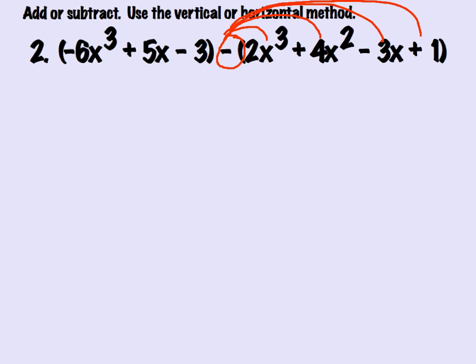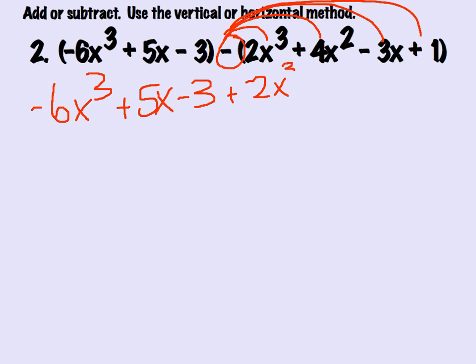So I'm going to rewrite my expression as negative 6x cubed plus 5x minus 3. My first expression isn't going to change, only my second. When I distribute the negative to everything, I'll get plus negative 2x cubed, plus negative 4x squared, plus 3x, plus negative 1.